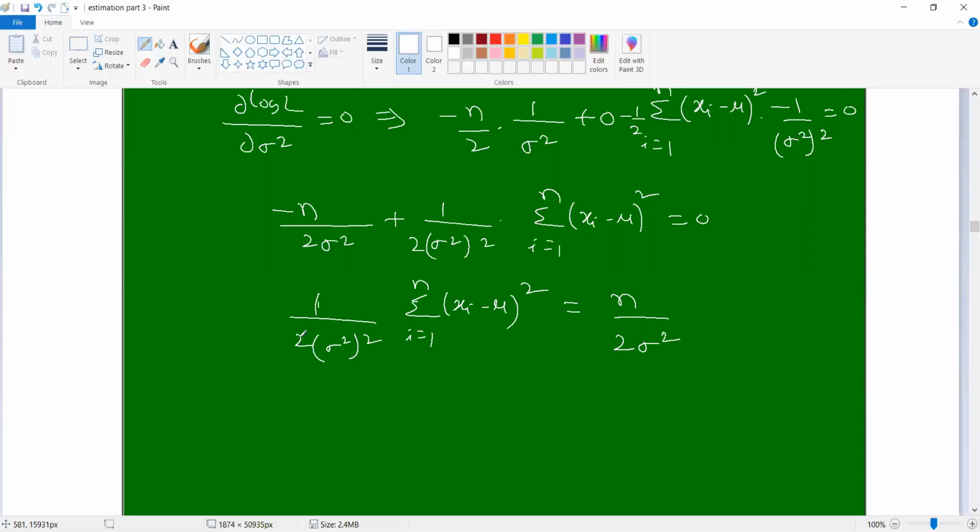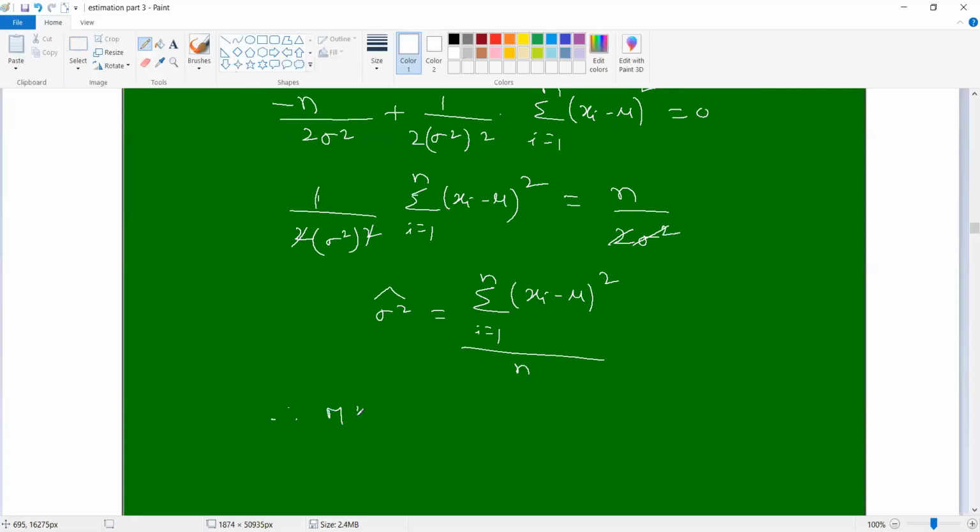Now the 2 cancels, and a sigma square cancels. Now our requirement, sigma square cap is equal to, by cross multiplication, summation i equal to 1 to n of (xi minus mu) whole square divided by n.